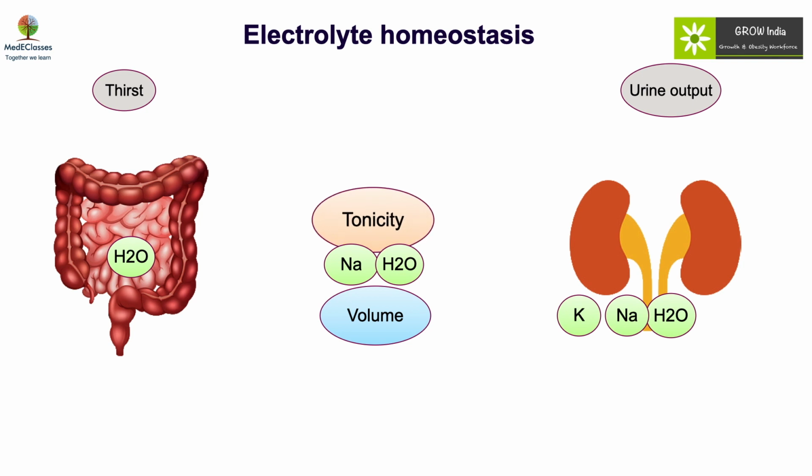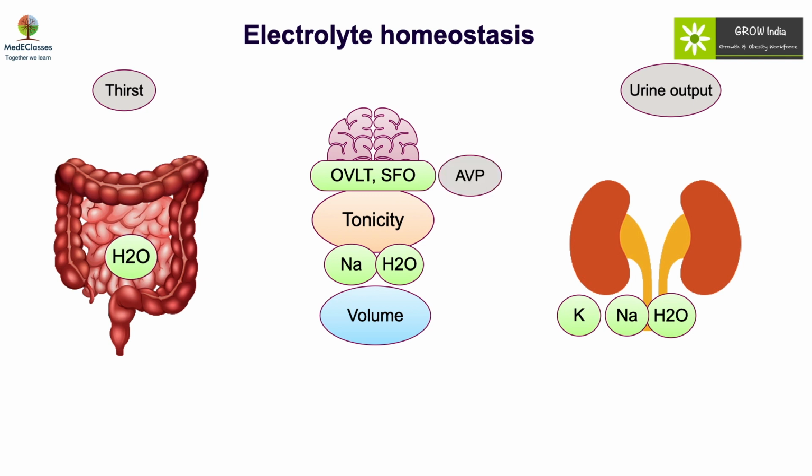And this is controlled via the sensing of the osmolality by the organum vasculosum of the lamina terminalis and the subfornical organ in the brain, which triggers the secretion of a very important compound, which is vasopressin. This vasopressin will cause concentration of the urine and retain free water. Conditions associated with excess AVP will cause hyponatremia, while deficiency of AVP or its action will cause hypernatremia.